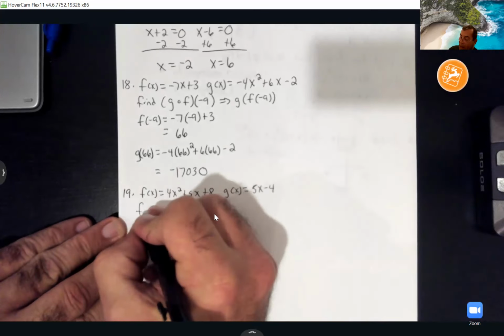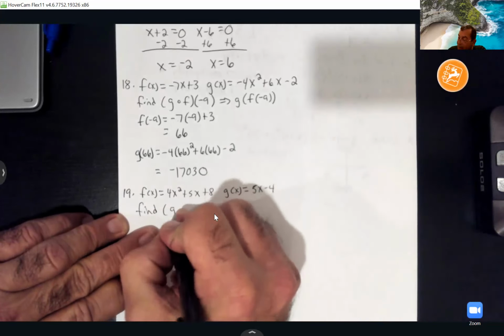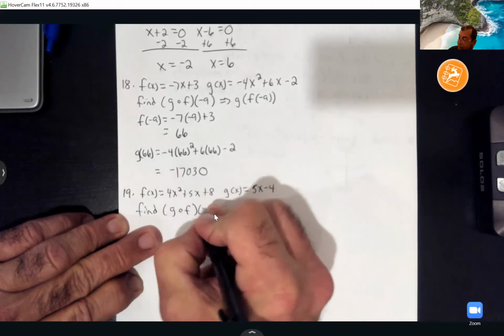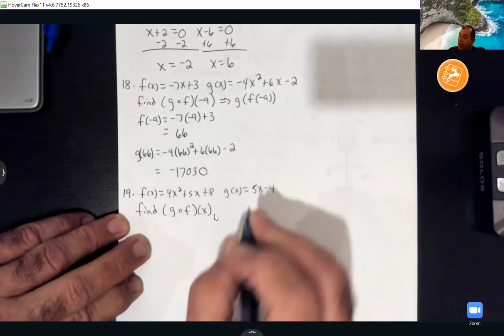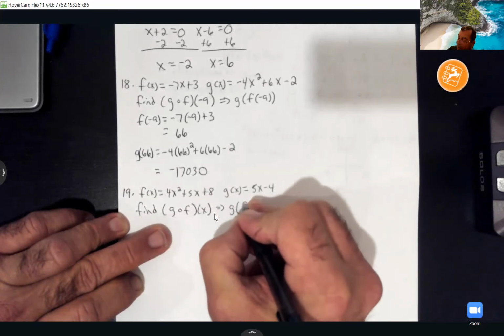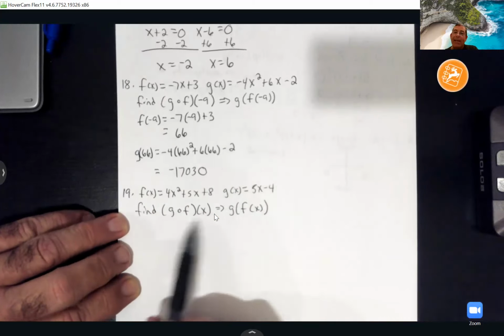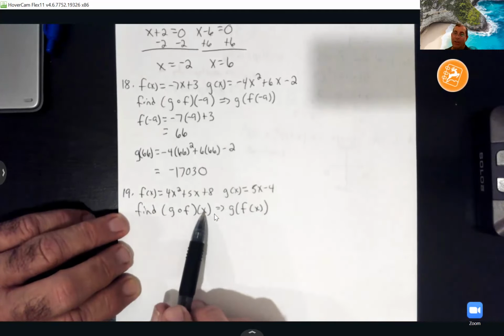They want us to find g compose f of x. So like this one, this will be g of f of x. But notice they didn't give me any numbers on this one to plug in.